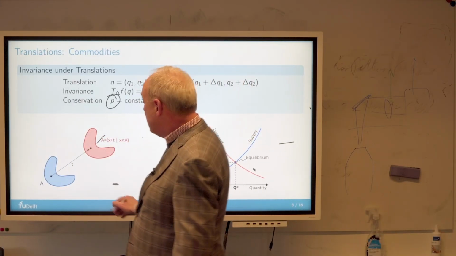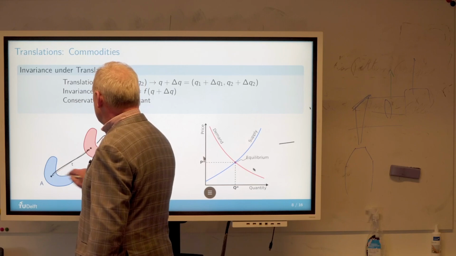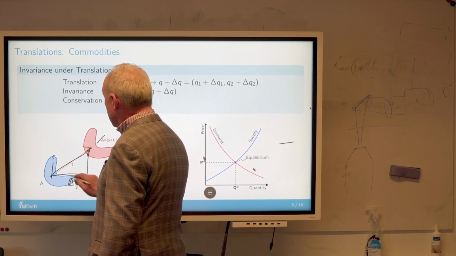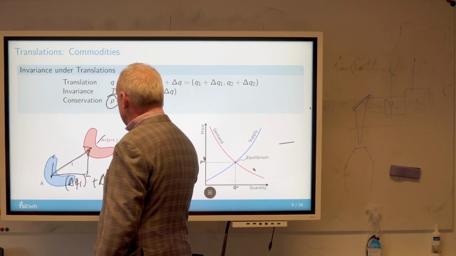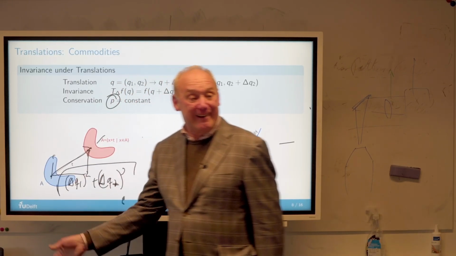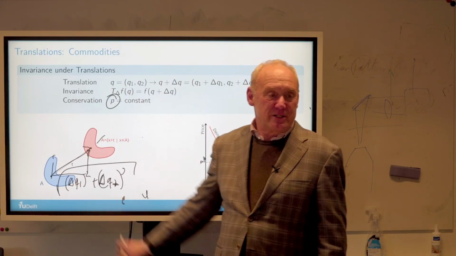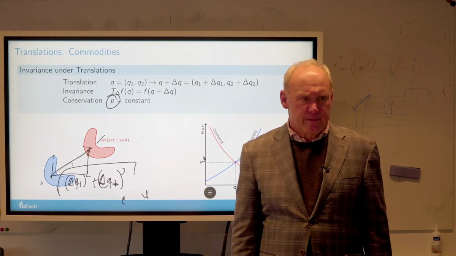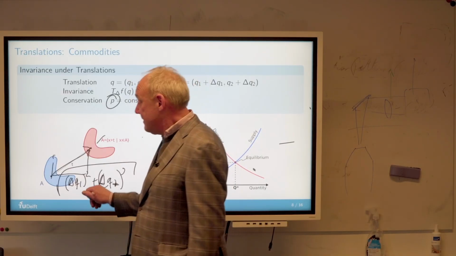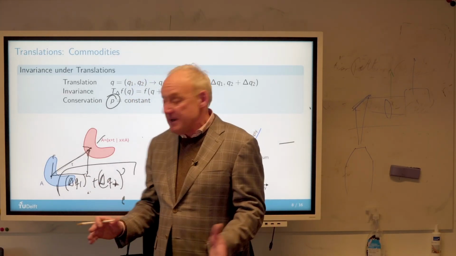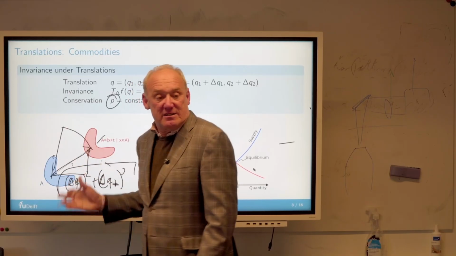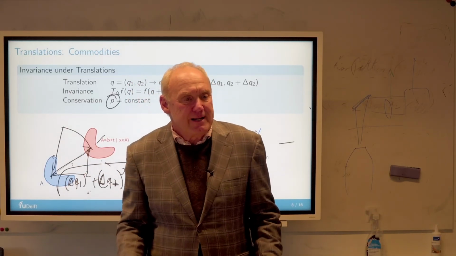If this were a Euclidean space, you would calculate the distance of this vector by delta q1 squared plus delta q2 squared, and you take the square root. Pythagoras taught you that. And because of that, you can rotate it, because if you rotate it, how is this distance going to change?